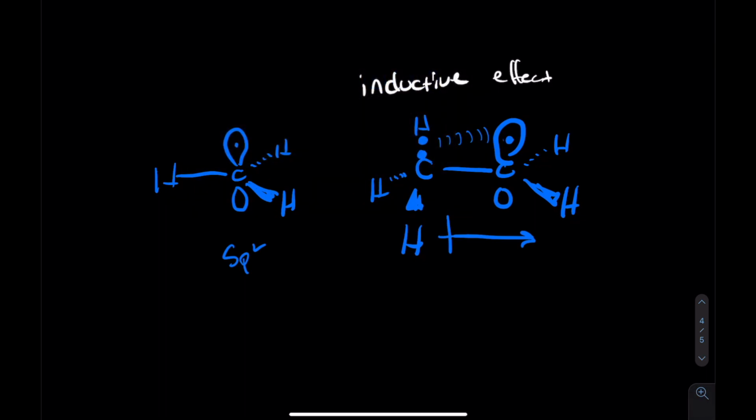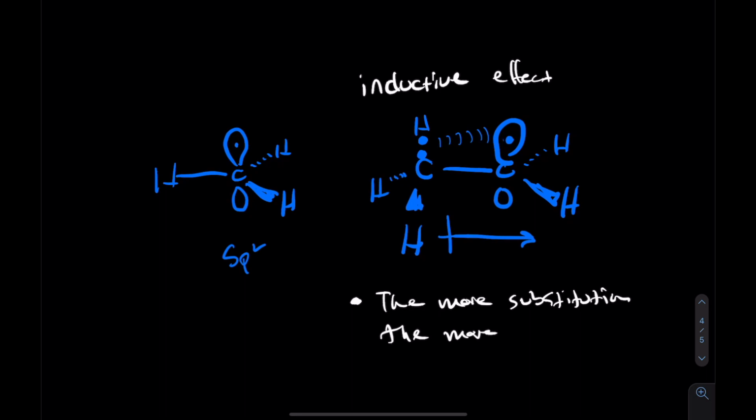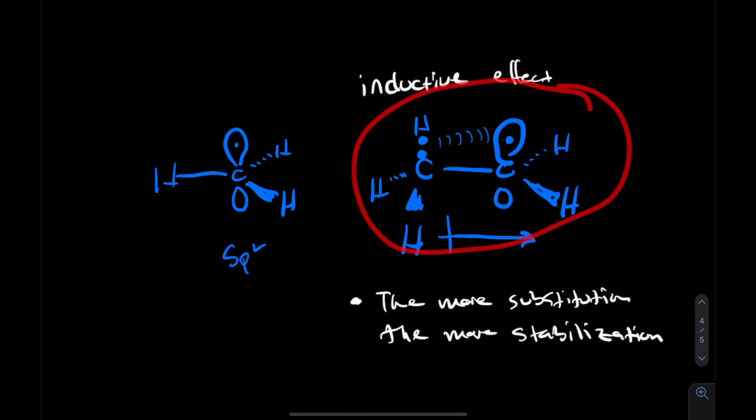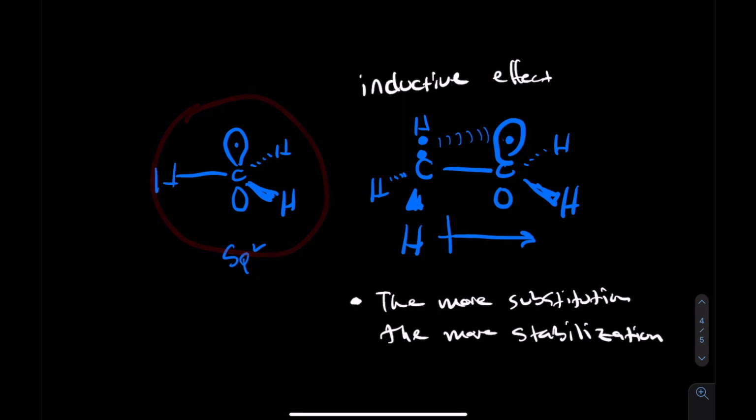The inductive effect essentially comes down to the more substitution, the more stabilization. So a primary system like this one is more stabilizing than the methyl system, with no substituents. And a secondary, where this is CH3, is more stabilizing. In a tertiary, where they're all CH3s, that is going to be the most stabilizing.